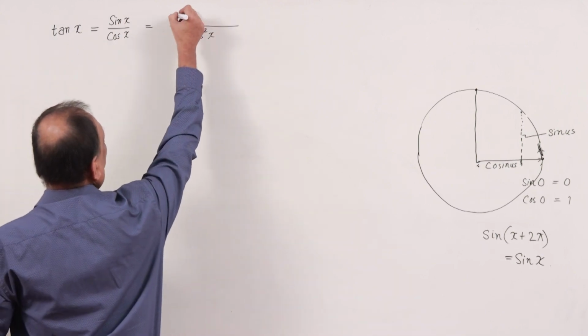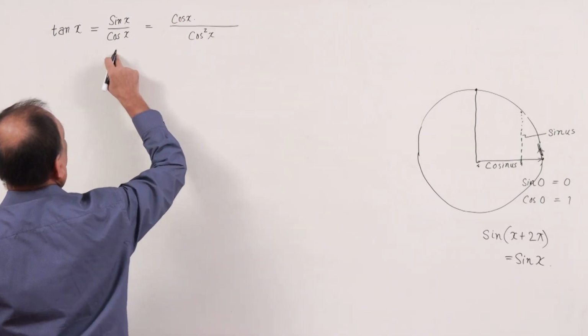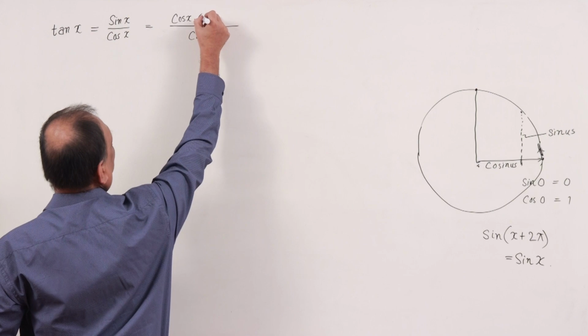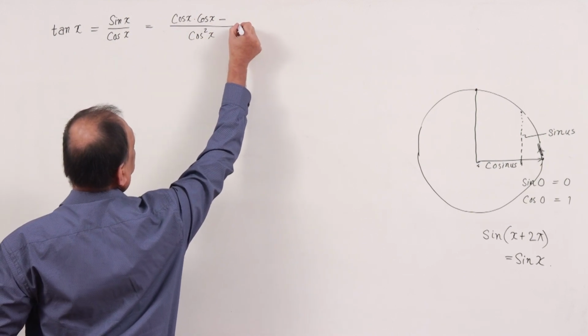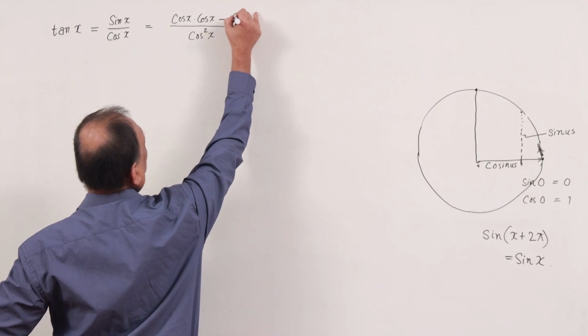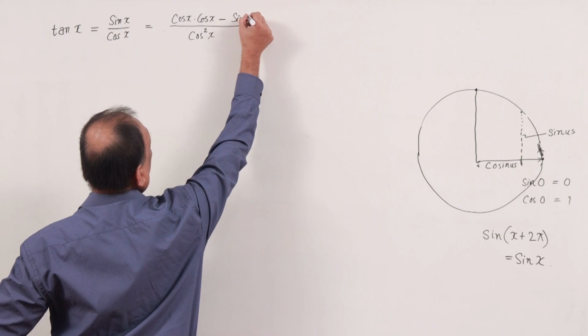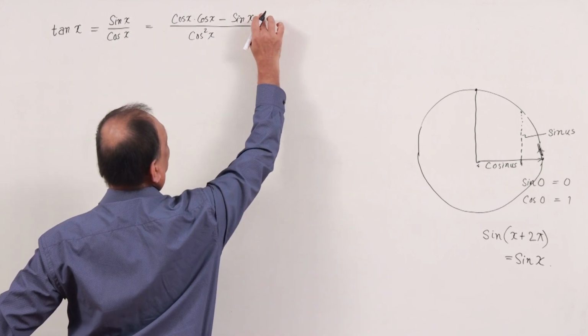So what is g f prime? Cos x multiplied by the derivative of sin x, which is cos x, minus f g prime: sin x multiplied by the derivative of cos x, which is minus sin x.